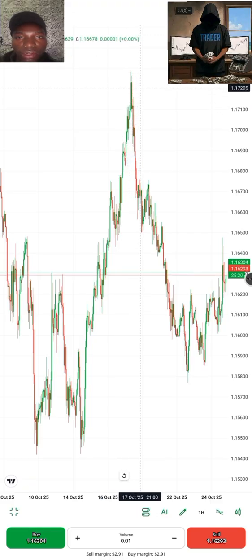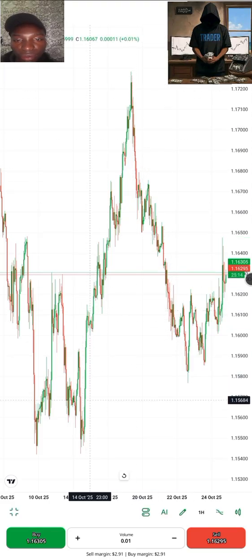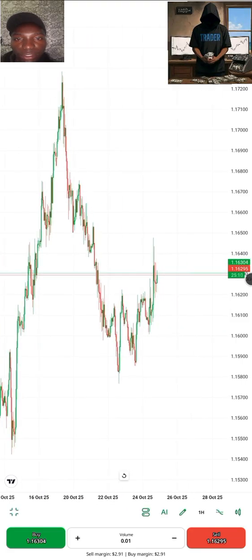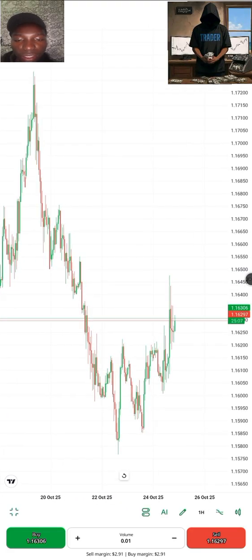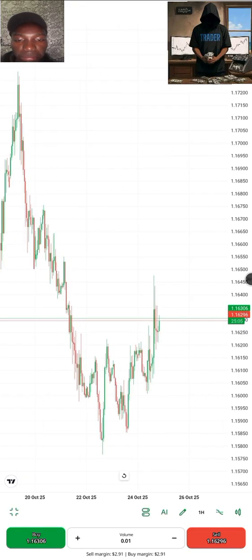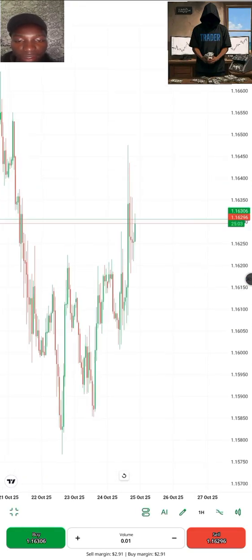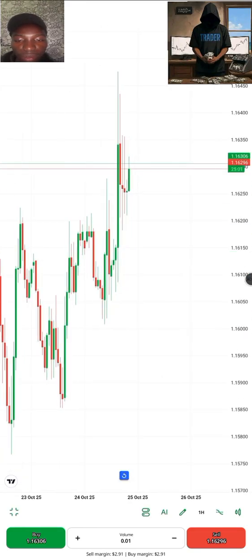come down, it can go up until this point. So therefore, you can buy and hold from down here. As you can see, it was a downtrend, now it's an uptrend. If you look down here for sell margin, it is $2.91.